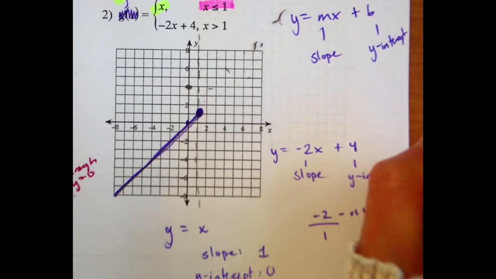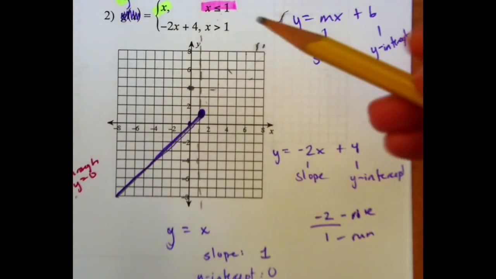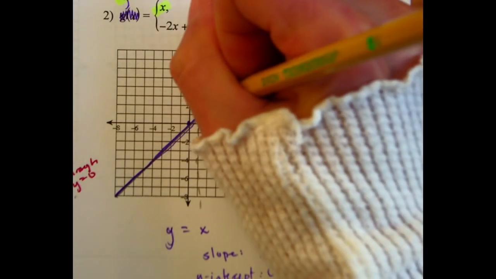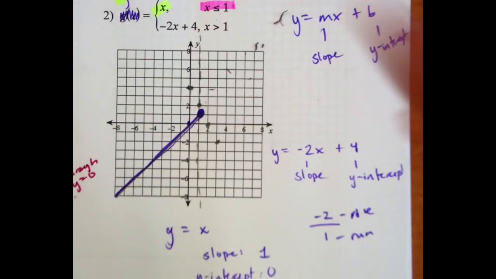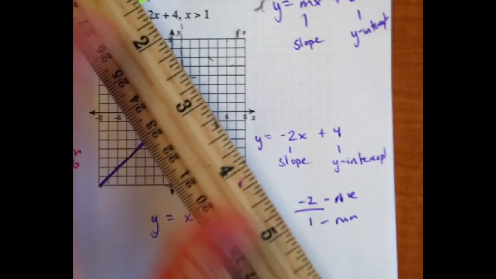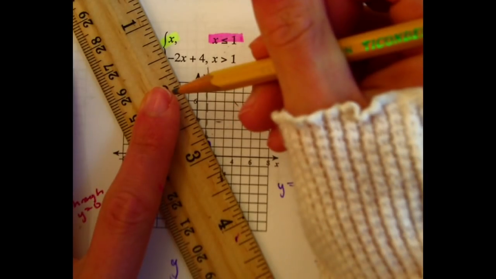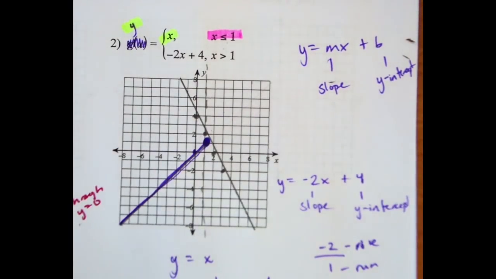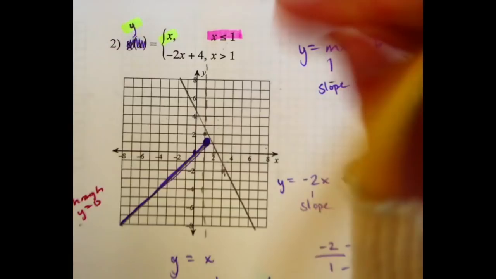My rise is -2, my run is 1. So I'm going to go down 2 and run by 1, down 2 over 1, down 2 over 1. At a certain point, I'm just going to connect the dots and I'll have my line. It's going to look something like that. Let me just make that look a little better.